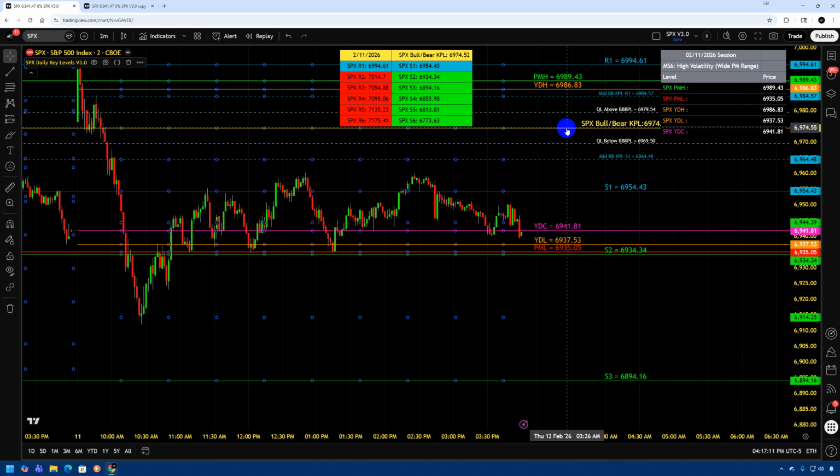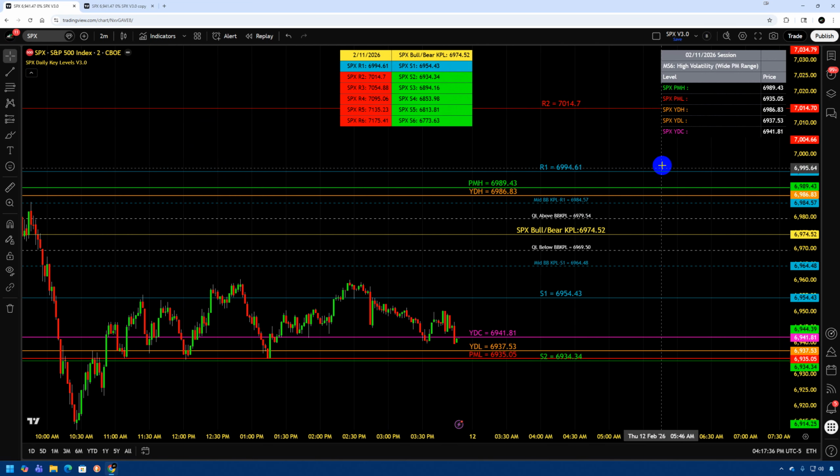One base level is the amount of distance in the current session between the bull bear KPL and R1 or the bull bear KPL and S1, which is the same amount of distance. It's just one is above and one is below. But as you can see, they both have the same amount of distance. So this is the amount of the percentage.